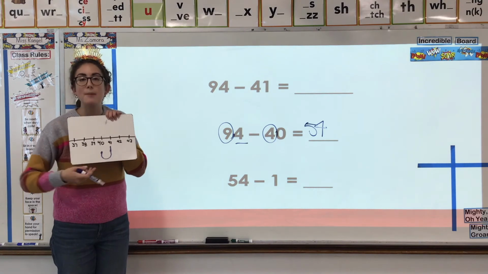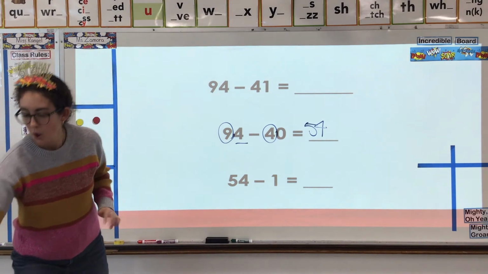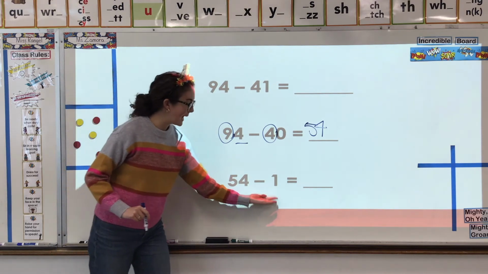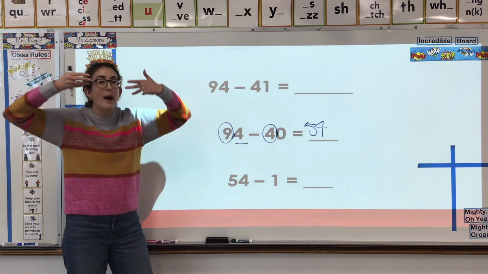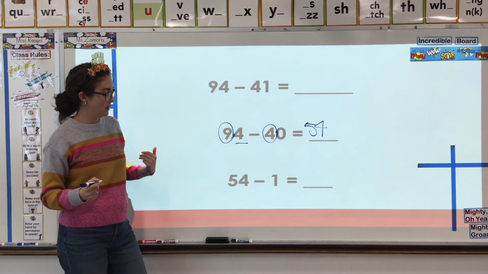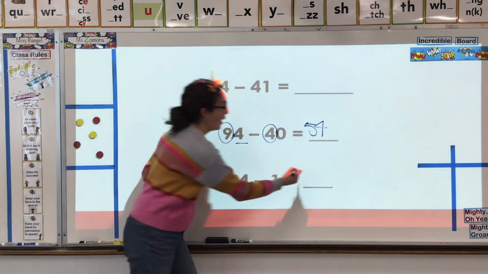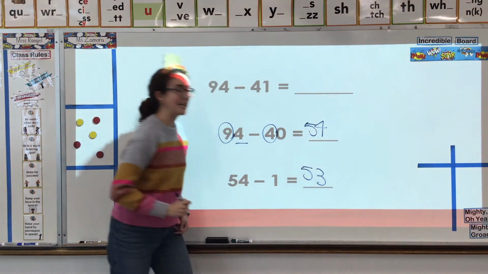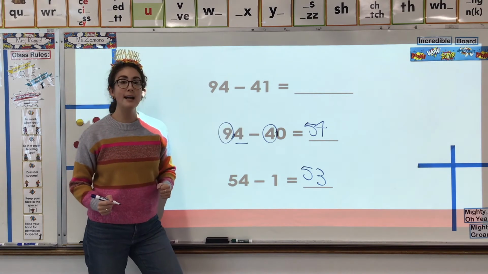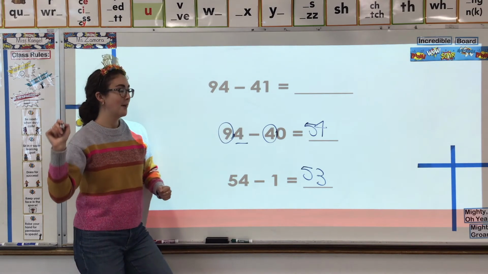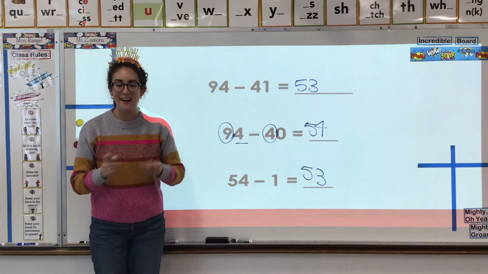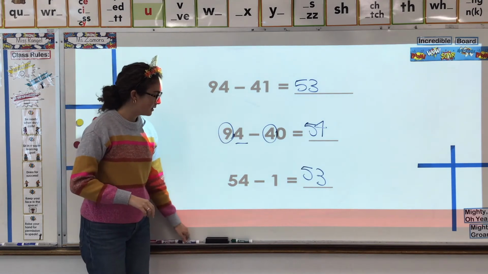We have to keep subtracting. So what would that be? 54 minus 1. Take away another 1, and we would get 53, exactly. So 94 minus 41 is 53.